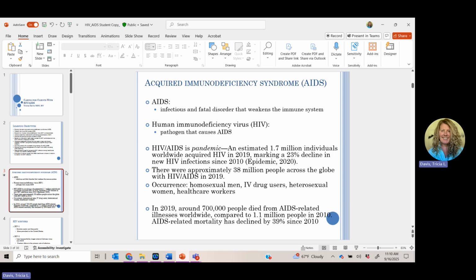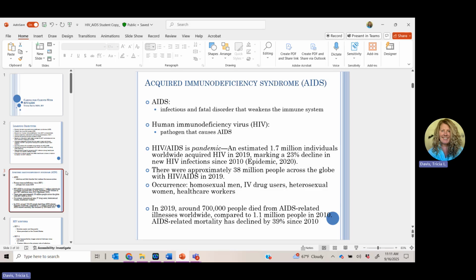AIDS is going to be an infectious and definitely a fatal disorder that really compromises and weakens our immune system to the point that the patient basically succumbs to some type of an infection, okay? HIV, which is human immunodeficiency virus, is going to be the pathogen that patients develop that will eventually, if left untreated, develop into AIDS.